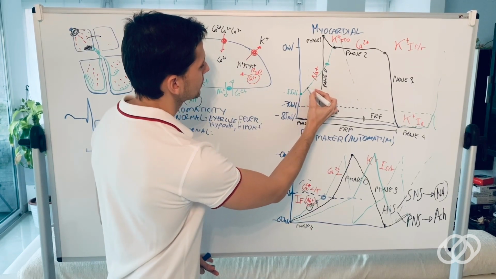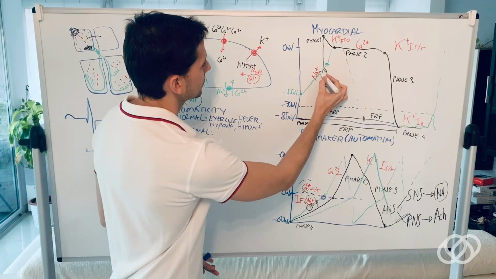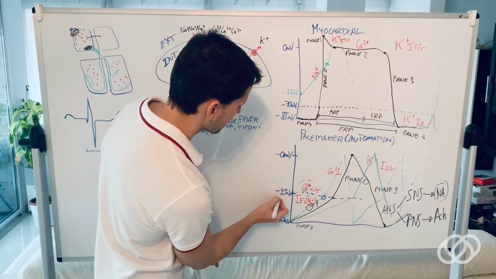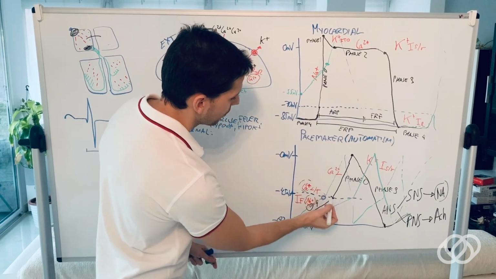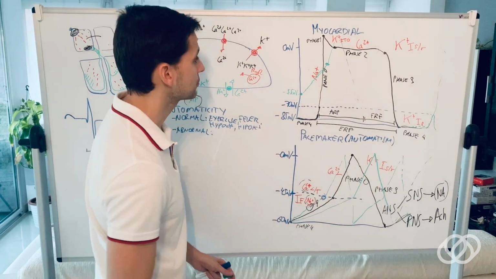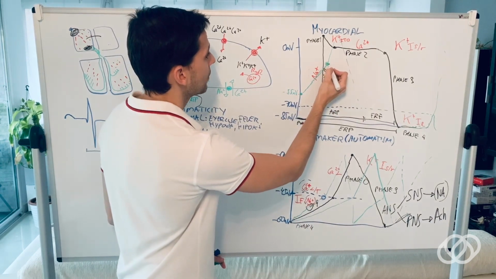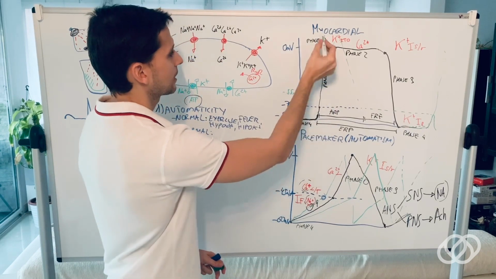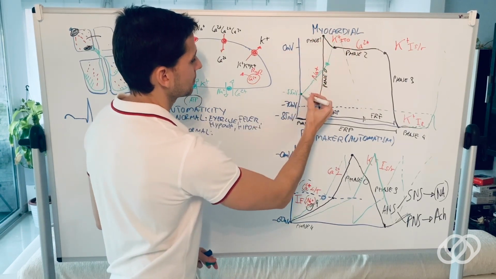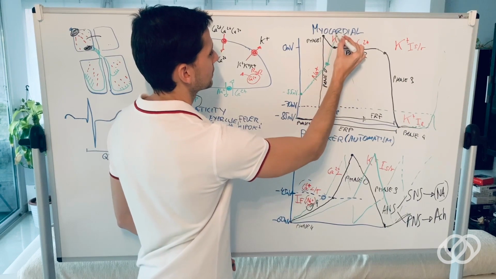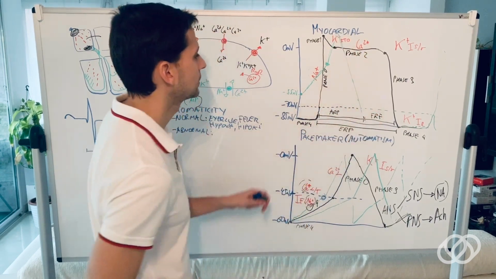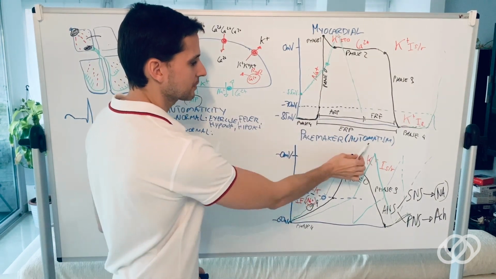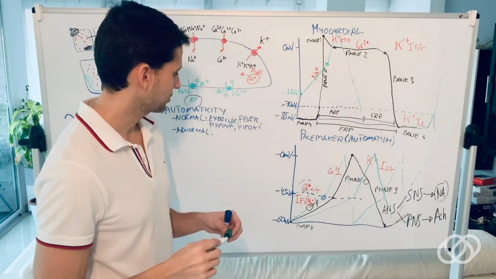And we can increase in the graph up to this point. We can reach the -45, and then more rapid calcium channels will open, and then we will start the phase 0. So that is why a myocardial cell can have an action potential pretty similar to the one that we have in the pacemaker cells.